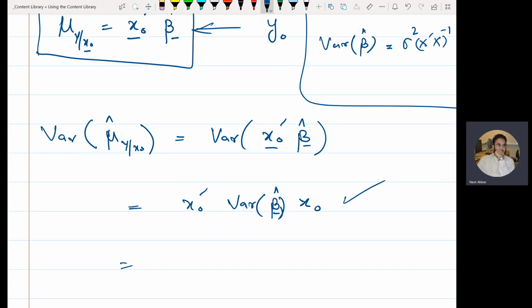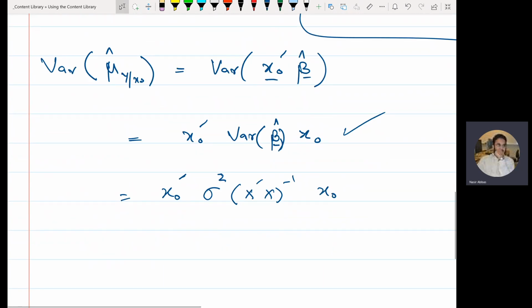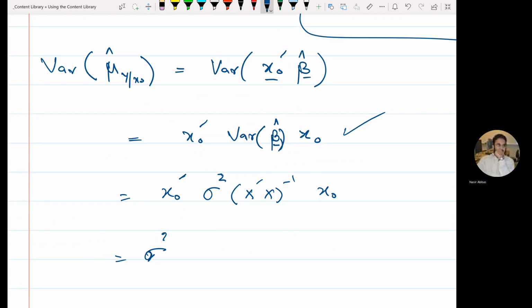So it becomes this, where sigma square is the constant. I can write it anywhere in the equation. So I choose to write it at the start. And the variance becomes sigma squared times x naught prime into x prime x whole inverse x naught.